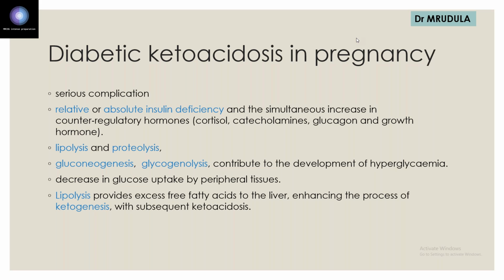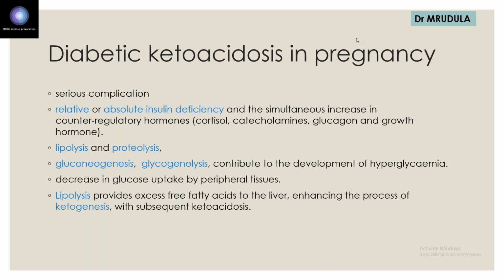So the things which increase in this diabetic ketoacidosis are lipolysis and proteolysis. Okay, so lipid breakup will be there, protein breakup will be there, gluconeogenesis will be there, glycogenolysis will be there. This gluconeogenesis and glycogenolysis will cause an increase in the blood sugar levels. Along with that there is also a decrease in peripheral glucose uptake. So all these three mechanisms contribute to the increase in blood sugar levels.